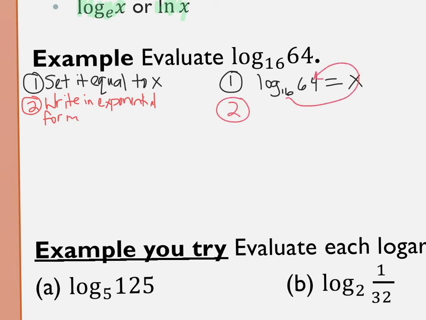Remember, the base of the log becomes the base of the power. So 16 to the x power equals 64. The next thing we're going to do is try to write it so it has the same base. Is there a number that I can change 16 and 64 to so that they have the same base?